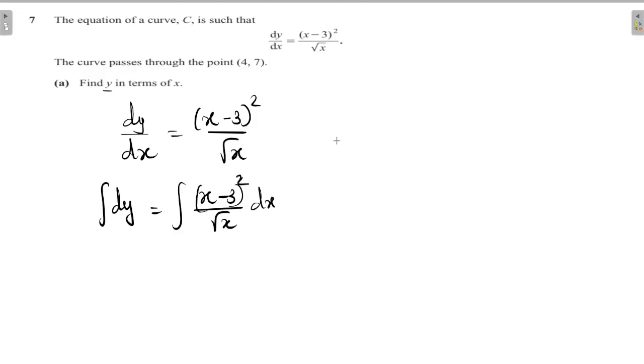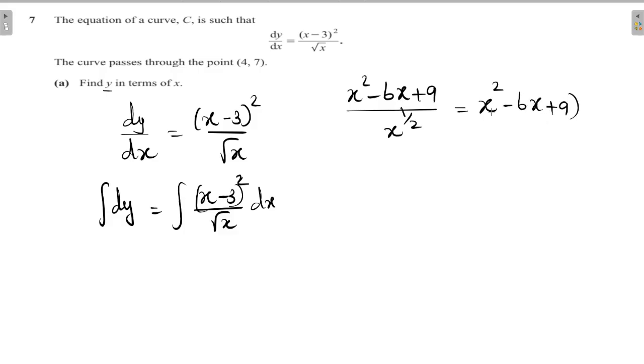Before integrating, let us simplify this expression. (x − 3)² is x² − 6x + 9, and dividing by √x, which can be written as x^(1/2), is the same as (x² − 6x + 9) × x^(−1/2).